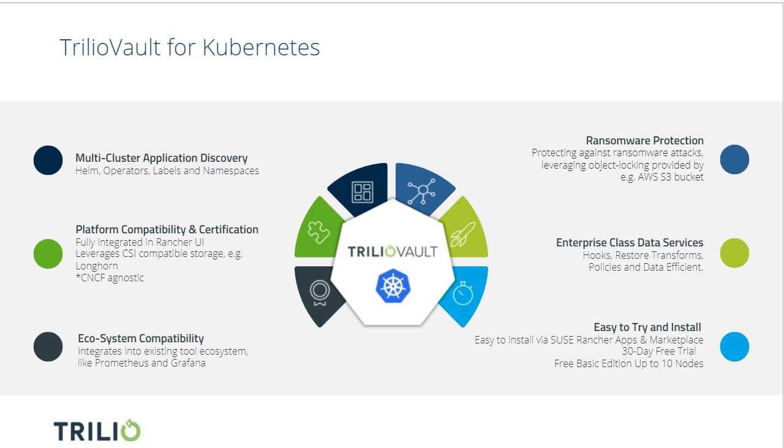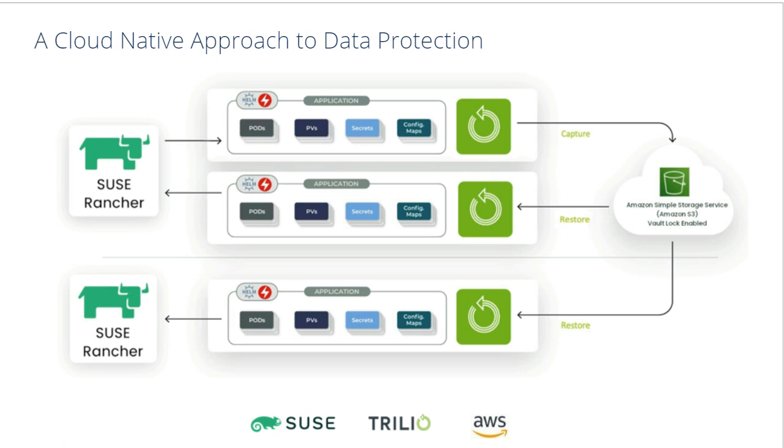Now let's have a look at the high-level architecture. Considering we have the SUSE Rancher installation up and running, we have Trilio installed on that SUSE Rancher via the marketplace, which is basically a one-click install application. You basically click on that, and Trilio for Kubernetes will be installed on that platform in minutes.